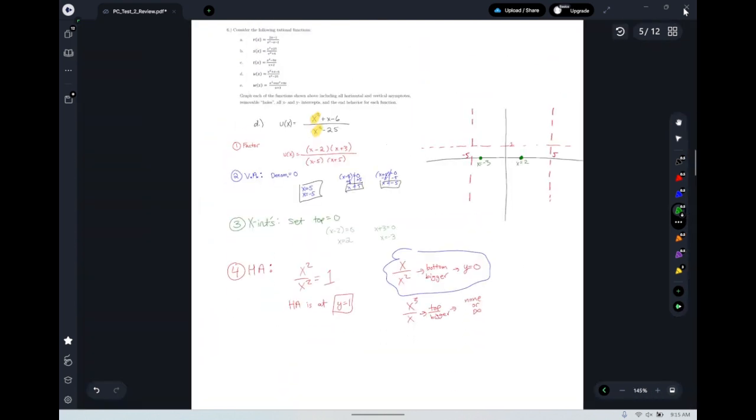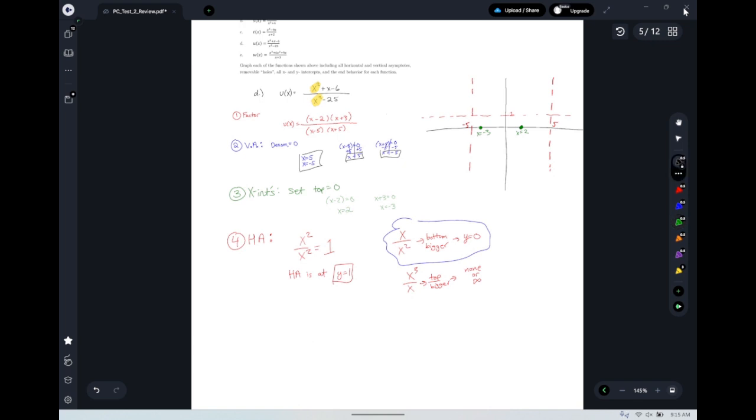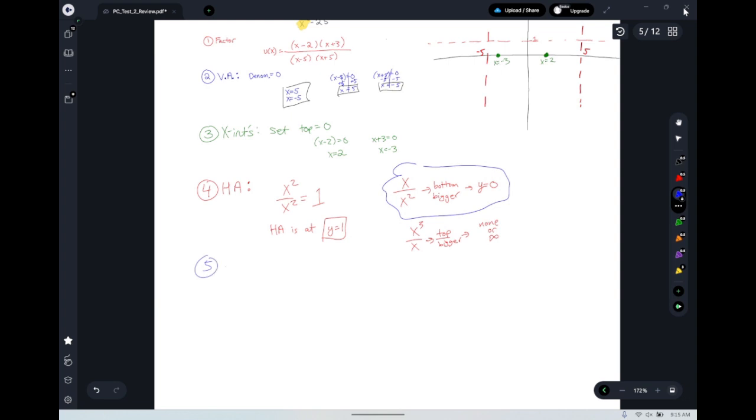We'll do the system to find out. The system is plug and chug numbers. Is there something else to find, or is that it? Did you find the y-intercept? Yeah, we should find the y-intercept. Good call. What's the y-intercept? Oh, that's the easiest one to do. You just plug a number in, right?